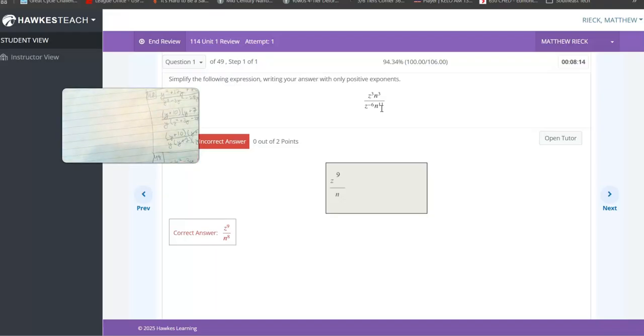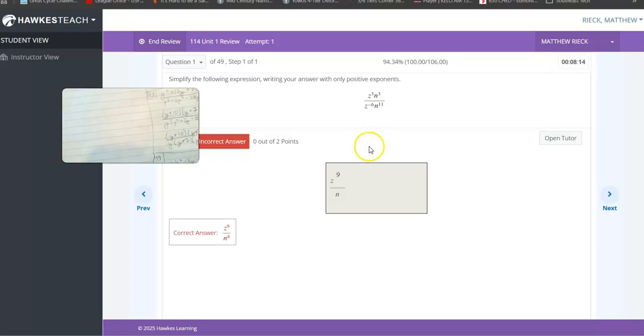Question 1. Started off. I just couldn't read my handwriting.